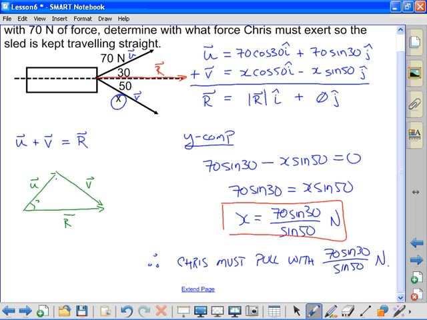I would have known that's 30 degrees. I would have known that this angle up here is a 50. So I'll help you out a bit here. That would have been 50, and this angle would have been 30 degrees. So that means the internal angle would have been 100, which makes the other angle 50 degrees.